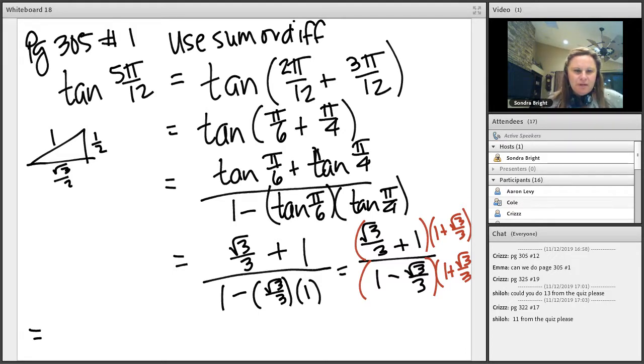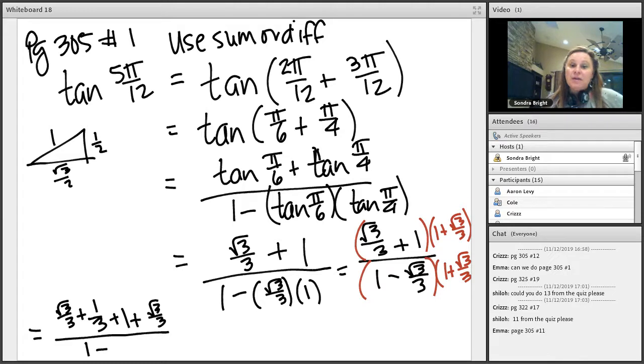a rad 3 over 3. First times first, it'll be plus a 3 over 9, so a 1/3, plus a 1, and then plus another rad 3 over 3. And then the bottom is the difference of two squares, so it'll be 1 squared minus rad 3 over 3 squared, which is 1/3.